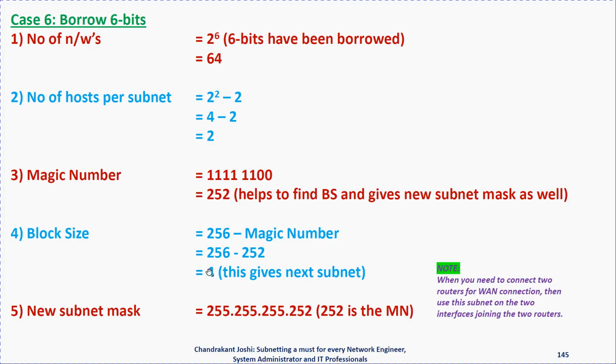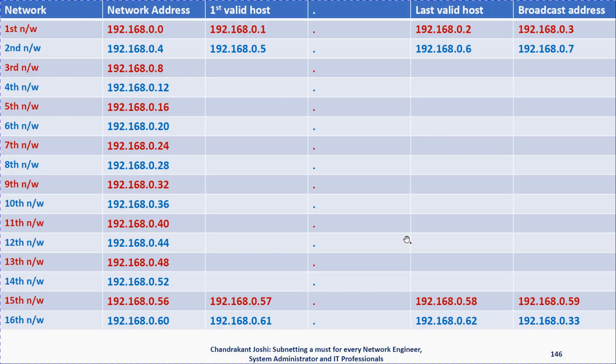So block size is 4. So if my first network is 192.168.0.0, the next would be 192.168.0.4, then again add 4 to that, so 0.8, again add 4 to that, 0.12, and so on and so forth.